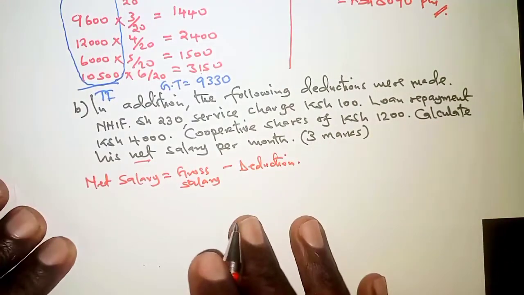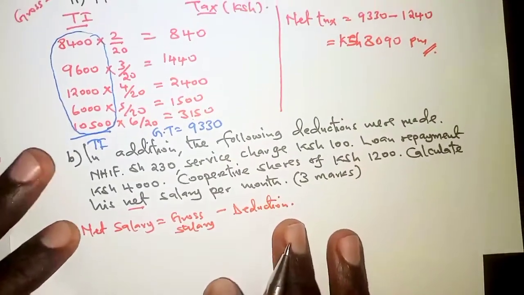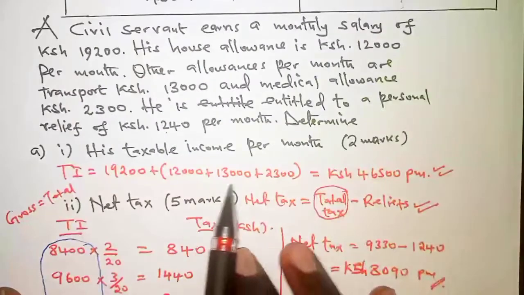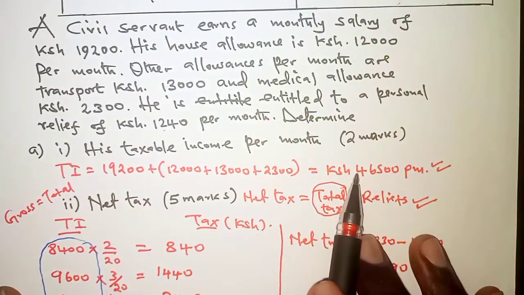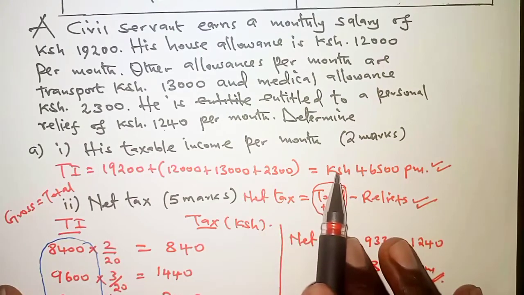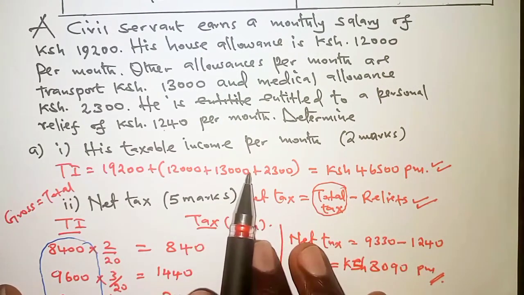Now let's take note of this. When you talk about gross salary, in some instances, the gross salary will happen to be the taxable income. But in some cases, the taxable income will be different from the gross salary.